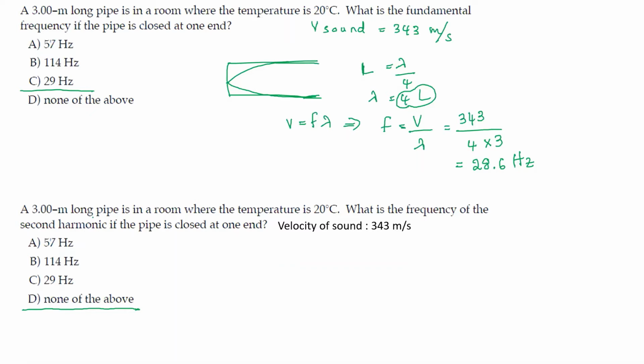Second one. It is the same problem, but now they are asking for the second harmonic, right? Since this is a pipe closed at one end, n varies like this: 1, 3, 5, 7.